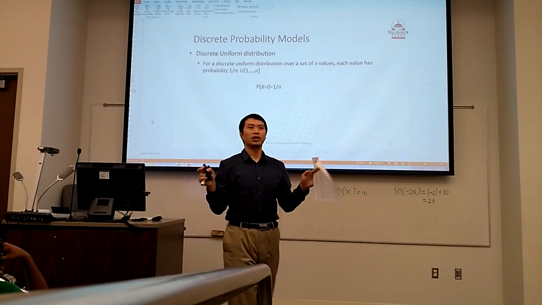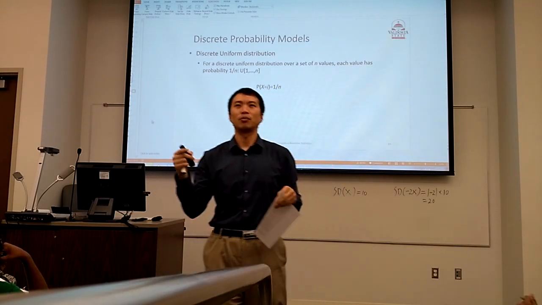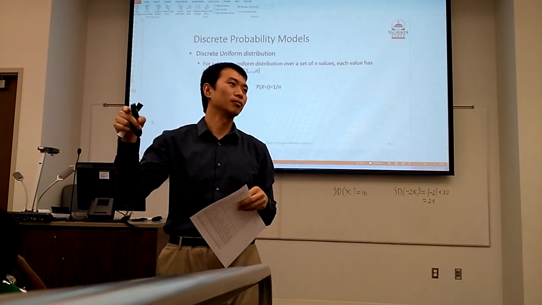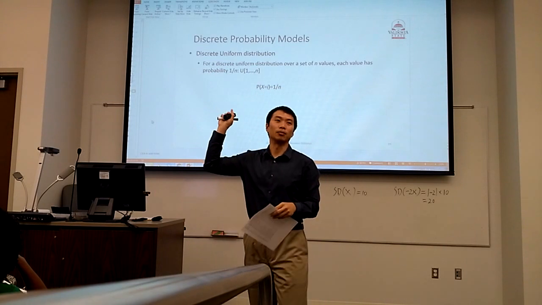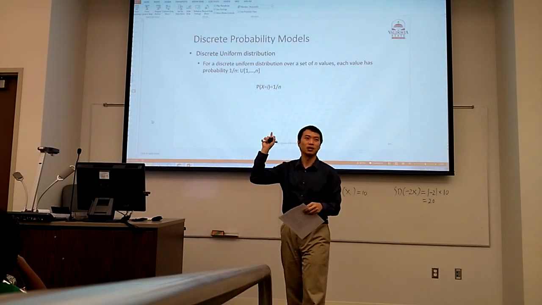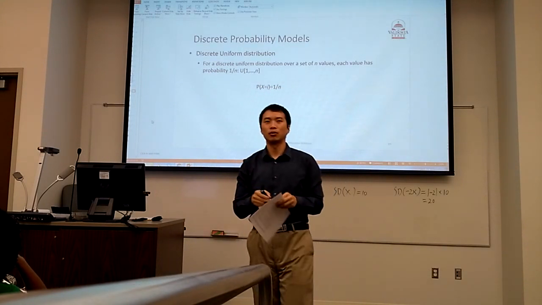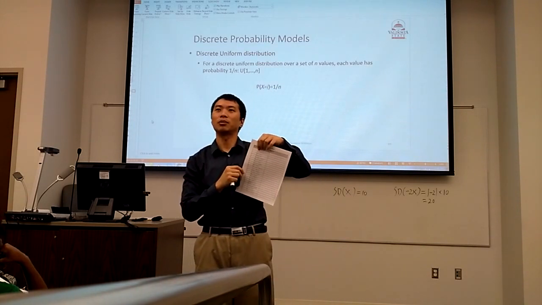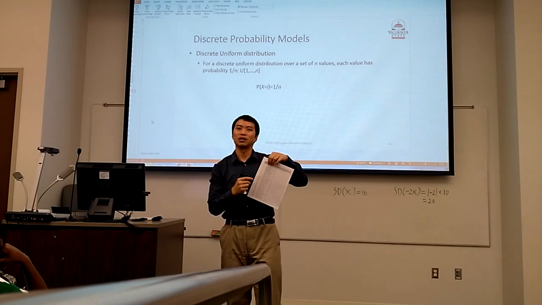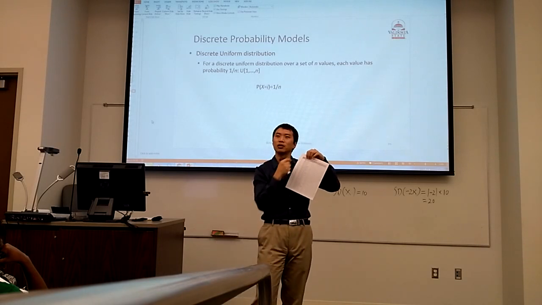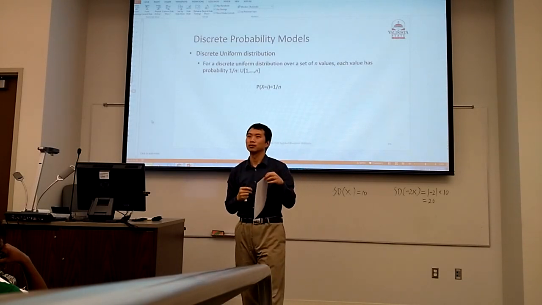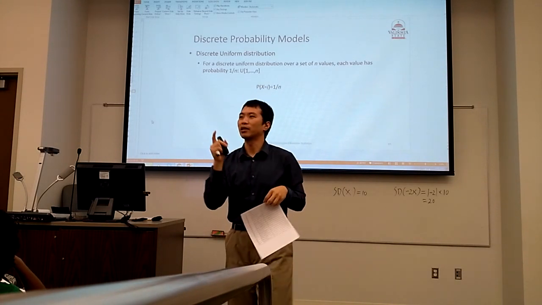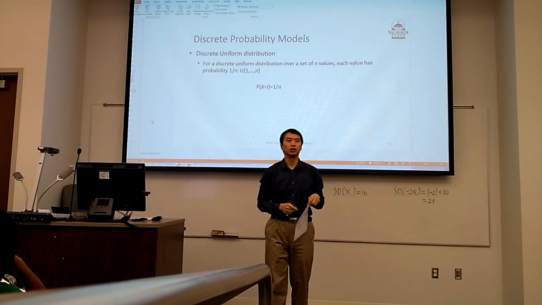Everyone agrees that everyone has the probability to be selected as 1 over 42, right? Because we are talking about a discrete uniform distribution. Then I have 3 choices. So what's the probability that the selected student is from the first 3? 3 over 42. That's the answer.